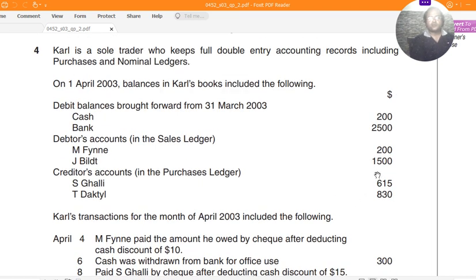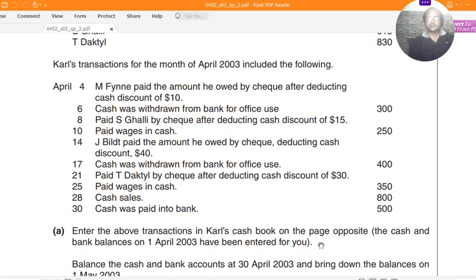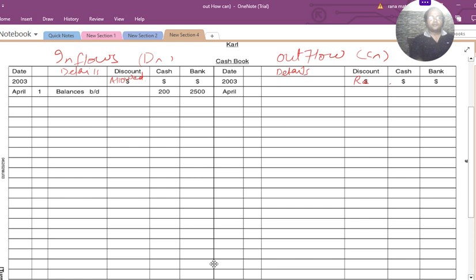Flame is paying 200 rupees, after giving back a cash discount to the business. So here we have to record it. First we put our balance brought down, cash balance and bank balance, and now we write down how much we receive from Flame.